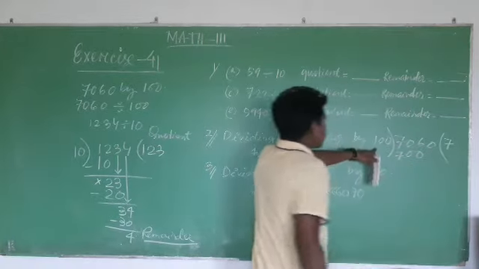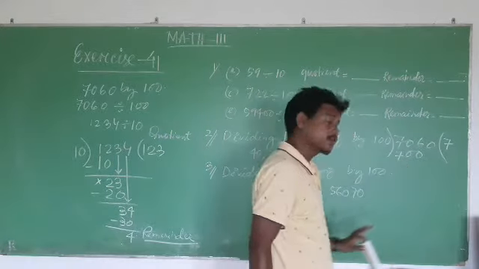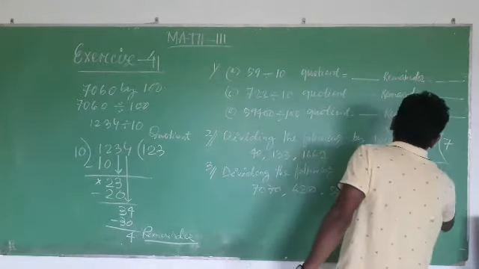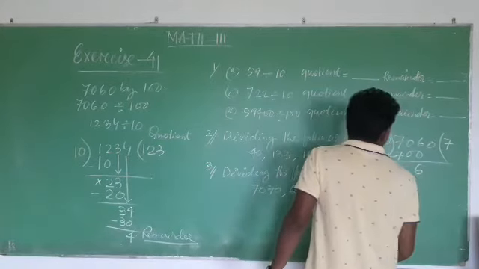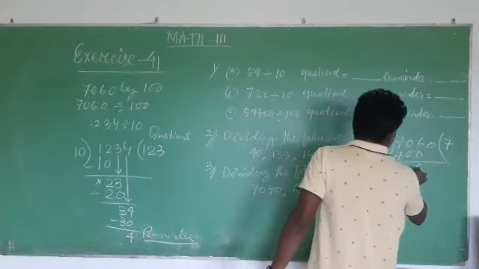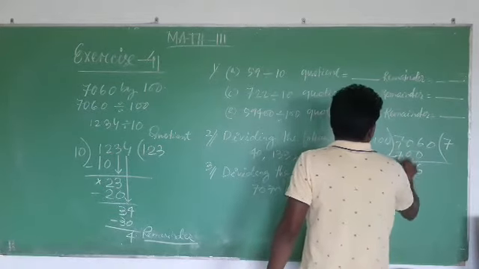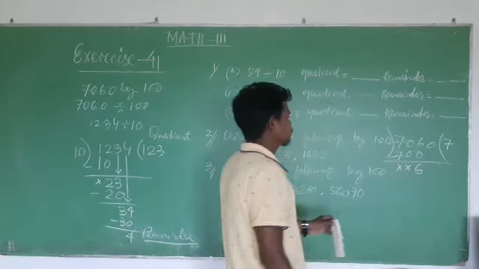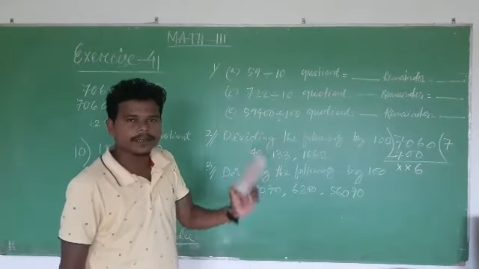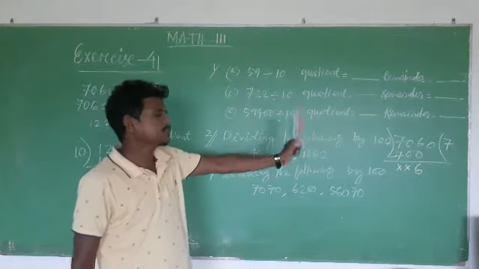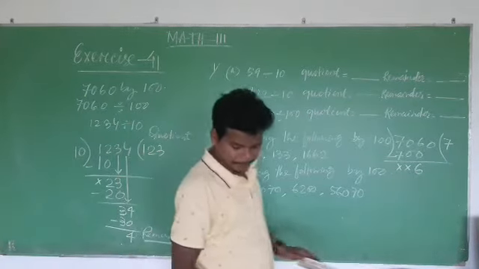Because 100 is a 3-digit number, here also we will take a 3-digit number. Now subtracting, 6 minus 0 is 6, 0 minus 0 is 0, 7 minus 7 is 0. Now 6 is smaller than 100, so 6 is our remainder and 7 is the quotient.